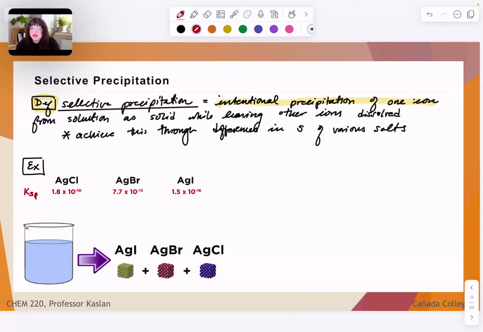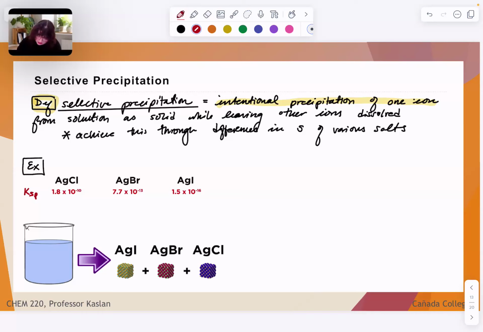And remember, KSP tells us the solubility product, aka the product of our amount of moles or concentration of ions in solution raised to their stoichiometric proportion in a saturated solution. So we can't use KSP as a direct means of identifying which salt is more or less soluble than the other. If we really wanted to compare solubilities, we would need to look at the molar solubility.